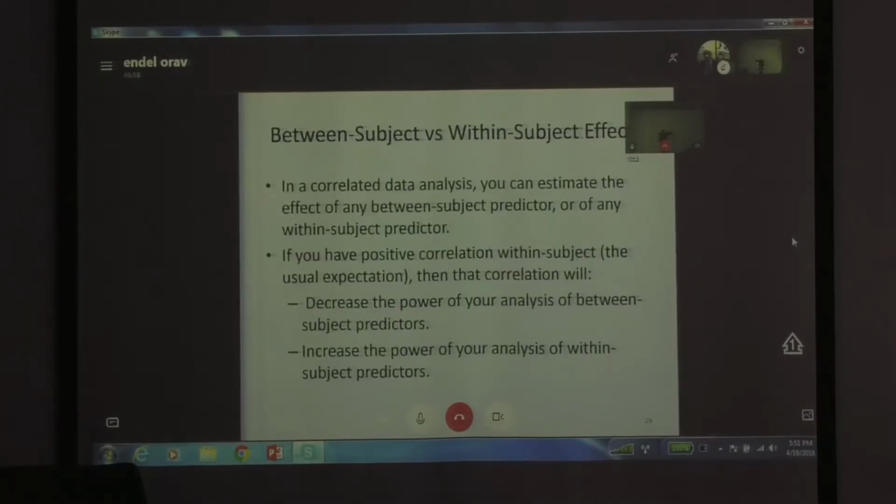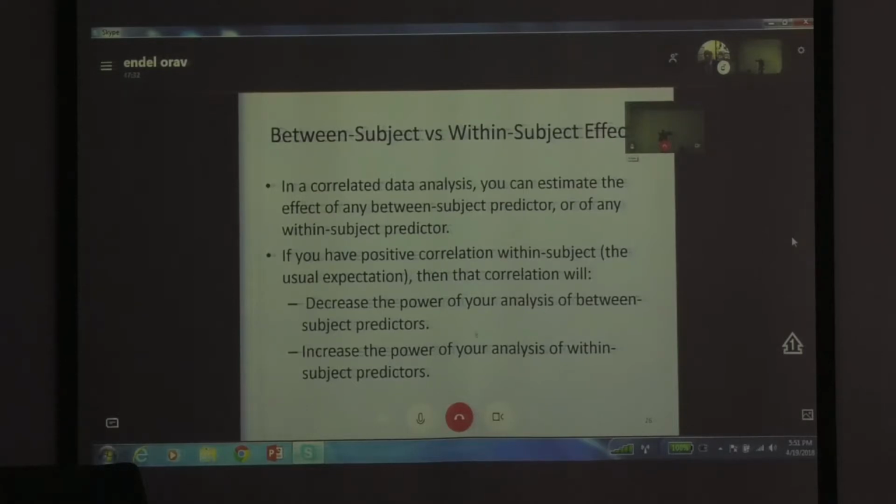In this sort of analysis, you can estimate the effect of any between subject predictor or any within subject predictor. So as I showed you, I did run the correct analyses. Within subject, that was time. Between subject was gender. And if you're doing the analysis the correct way, allowing for correlation, and the measurements are positively correlated, which they usually are, then there's two sort of summary results.